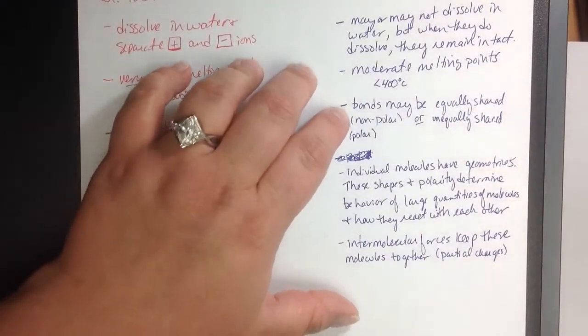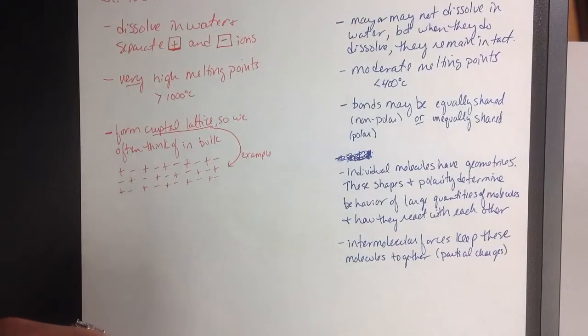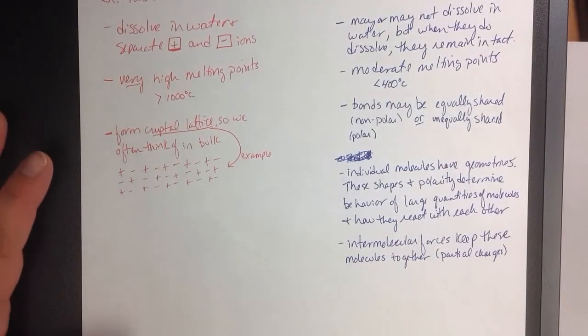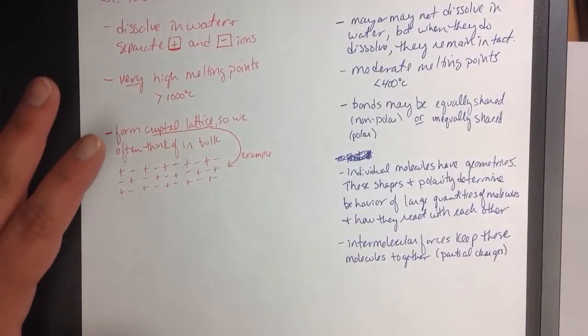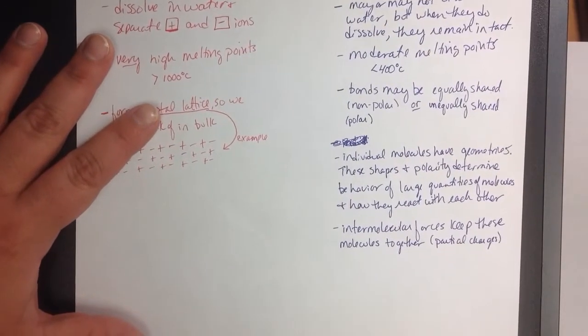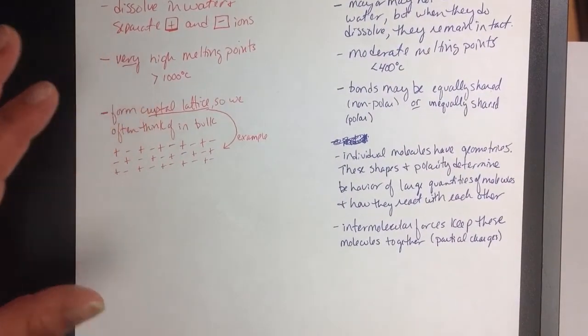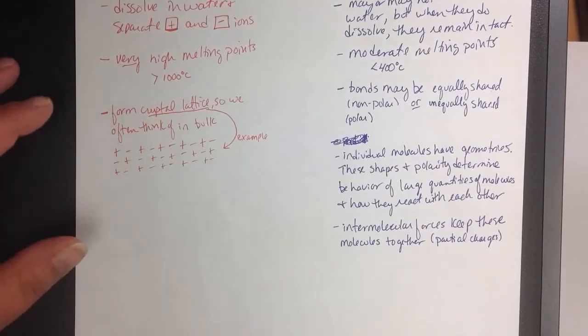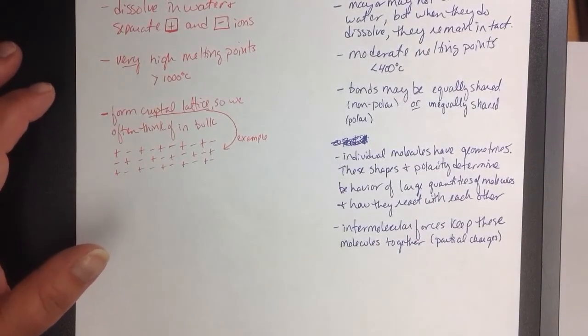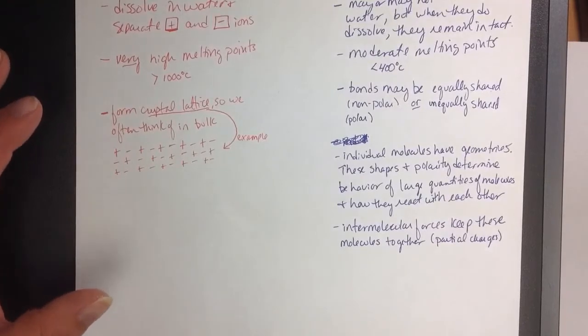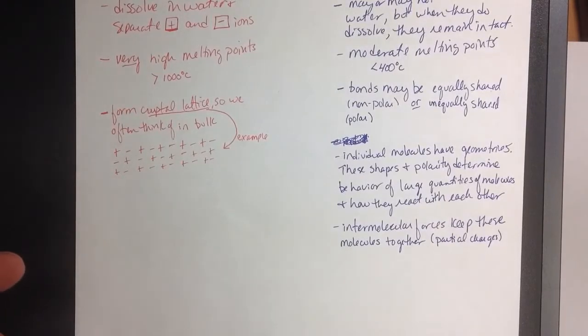So, as I said, these bonds can be equally shared, which would be a nonpolar species, or unequally shared, which would be polar. Each individual molecule will have its own geometry. The shape of that molecule and its polarity determine how these molecules react in large quantity.